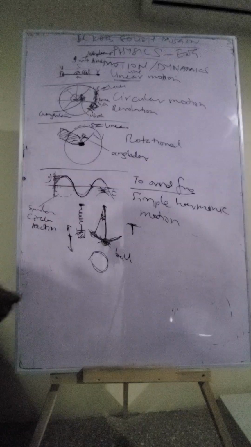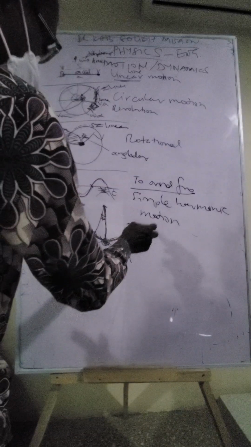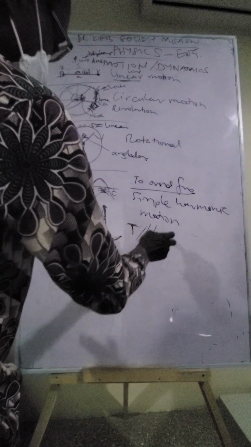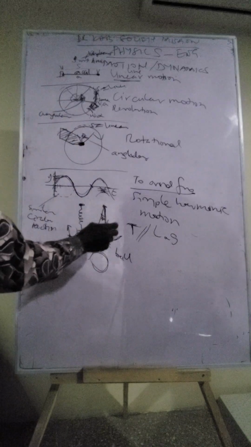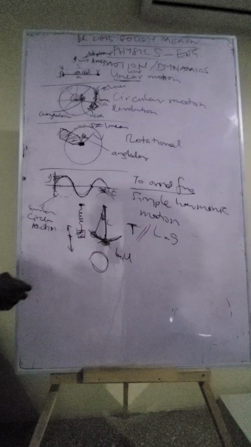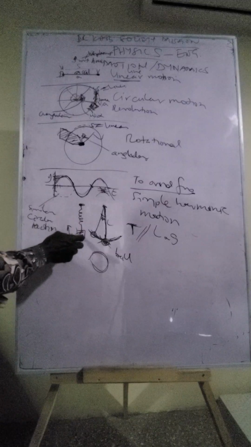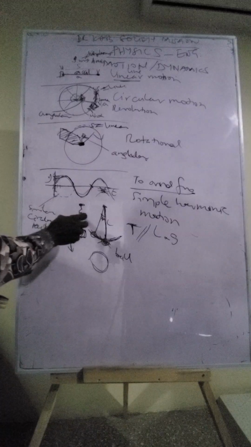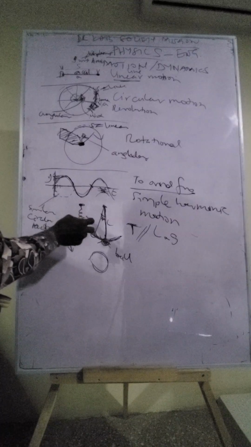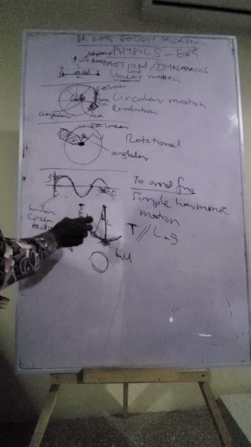That t we will try to relate to the length and gravity. This is the length of the thread, and this will be a body here. This string will have a certain property we can call k.